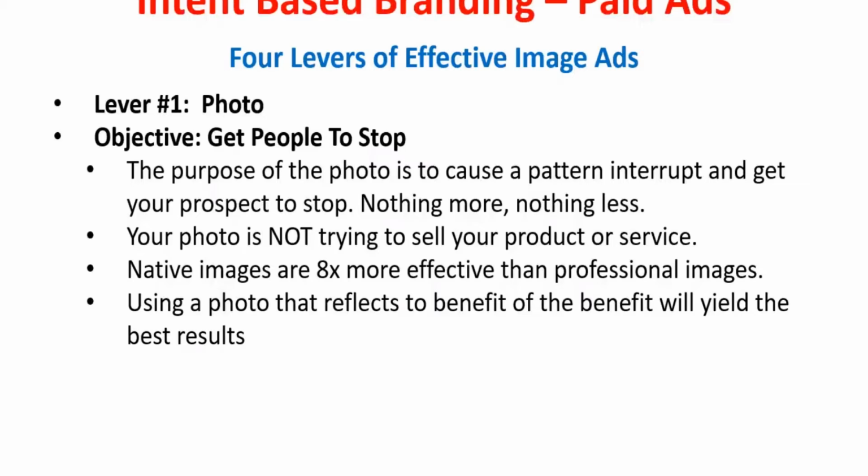More than likely, it's going to give them a better lifestyle and more time to enjoy that lifestyle, right? So if your photo reflects someone living a lifestyle where they seemingly enjoy it and they seemingly have excess time to enjoy it, then you're going to have a lot more effective of an ad or a response to your ad than if it was just a random photo of anything.